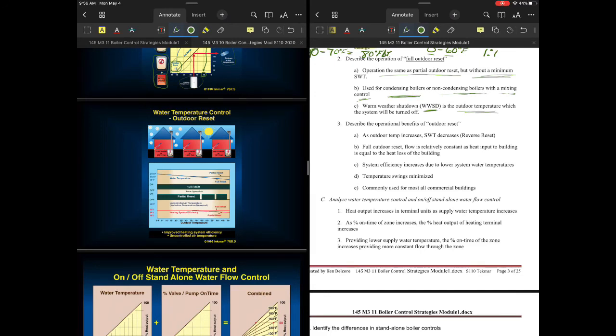So what are the benefits from this? It is crazy good how, if you change that supply water temp, you don't get these temperature swings. You end up getting a lot better efficiency out of your system. You actually minimize your heat loss in some situations. I'll give you one example specifically.